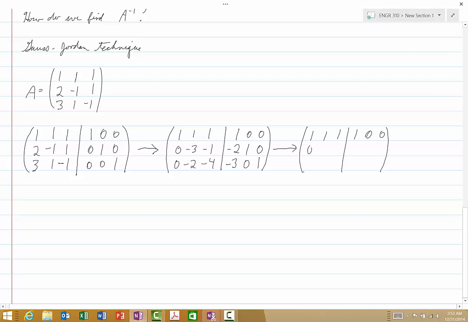So we get 0, negative 6, negative 2, negative 4, 2, 0. And then multiply the bottom row by negative 3. So we get 0, 6, 12, 9, 0, negative 3.